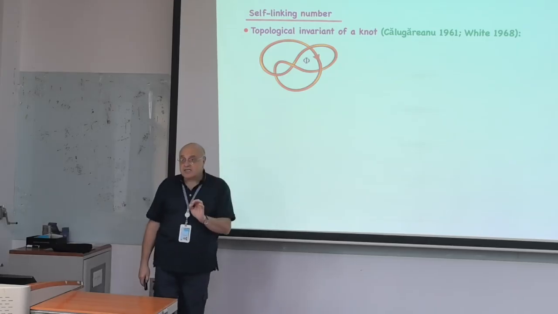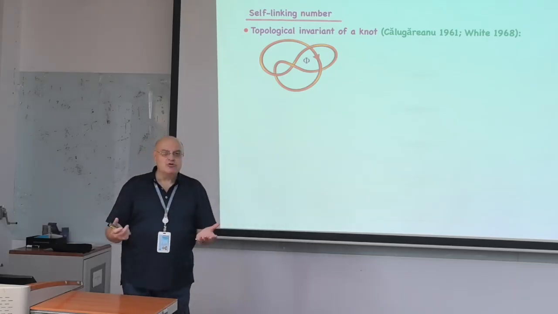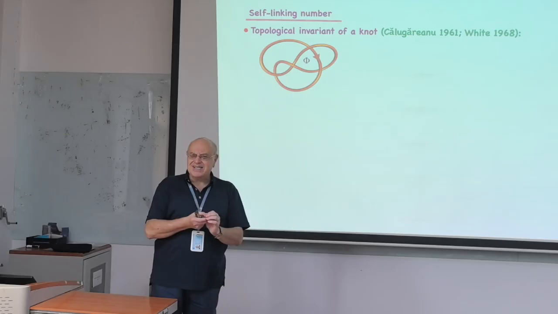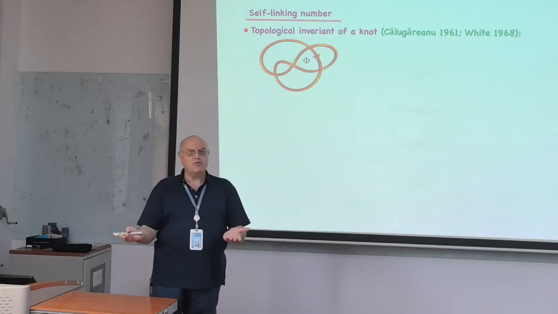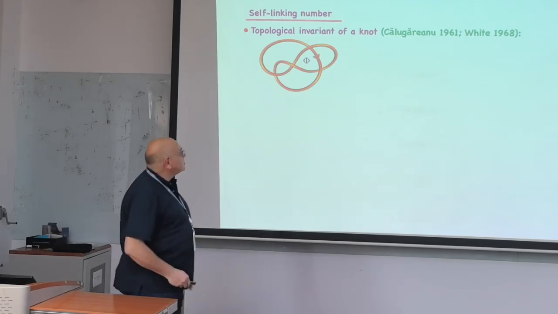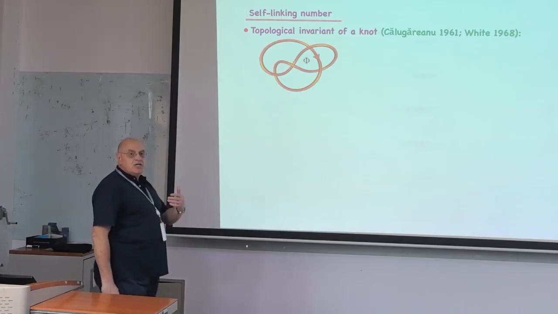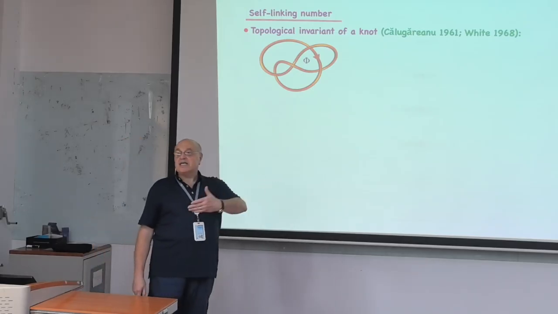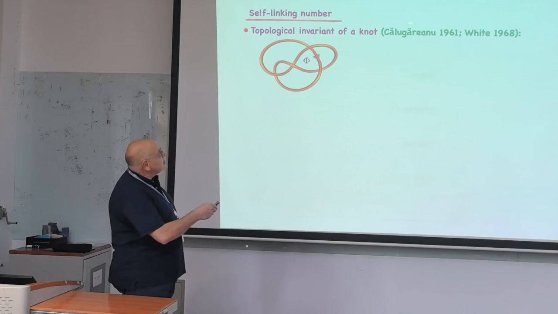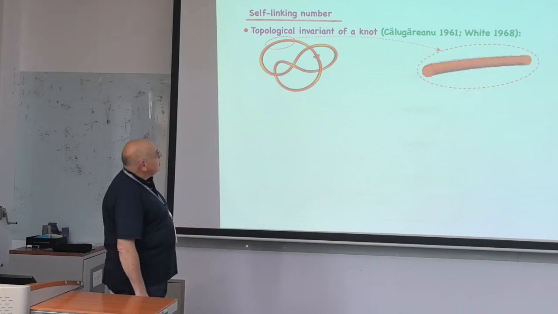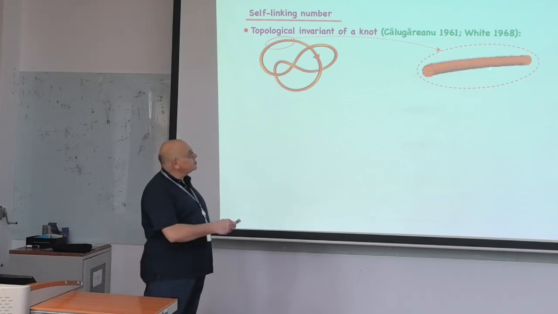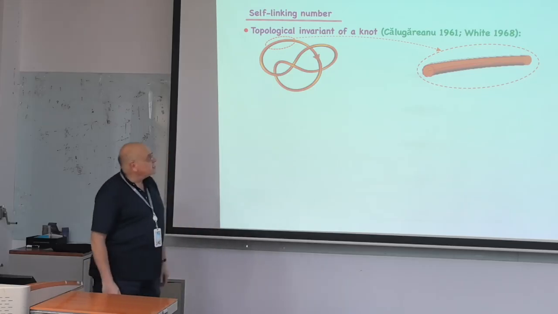If we have a knot, it doesn't make sense to talk about a linking number, linking of what with what. So we have one knot, and can we do the same as Gauss did? Indeed, this is the work of Calugareanu that was extended to higher dimensional context by Pohl.